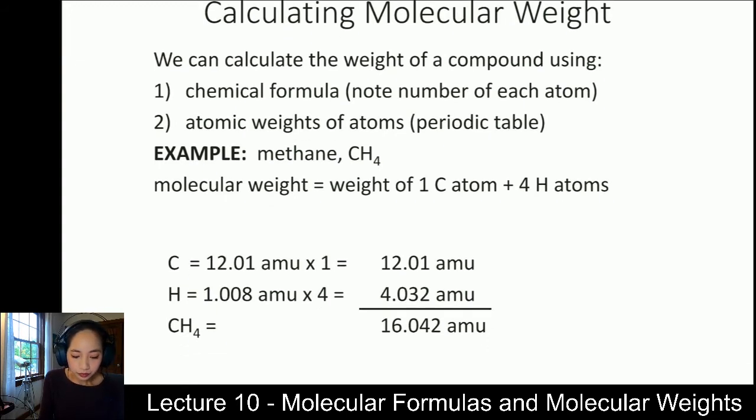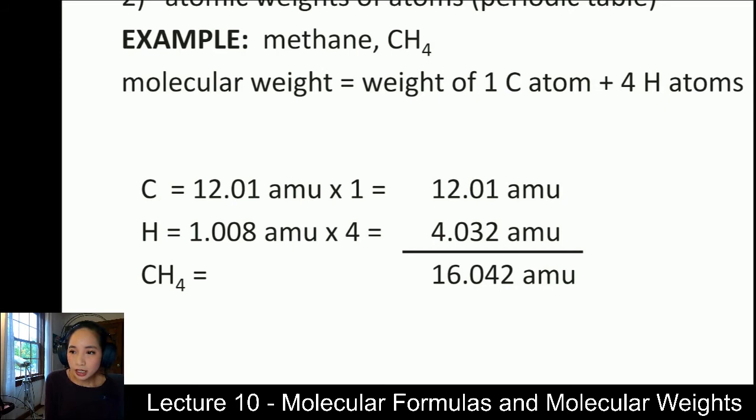If you look on the periodic table, you'll see that the weight of carbon is 12.01 AMU, just one carbon atom. So we're just going to take one of those. And then we also have 4 hydrogens. So we take the weight of one hydrogen and multiply by 4. If you add all of that up, you'll get the summation of all the weights of those atoms, the carbon and the 4 hydrogens. And you'll get that the molecular weight of CH4 is 16.042 AMU.